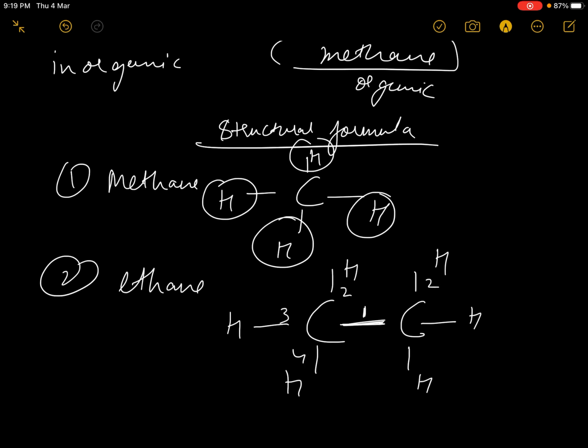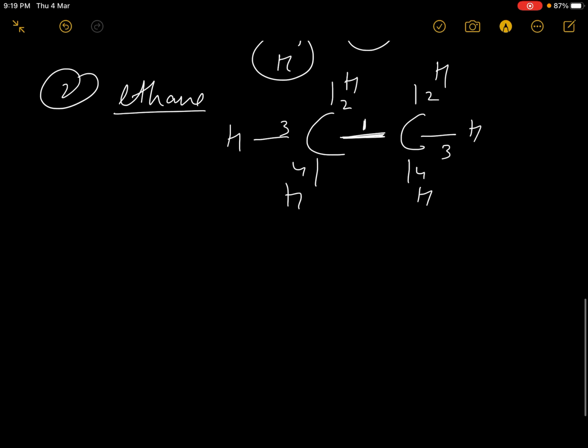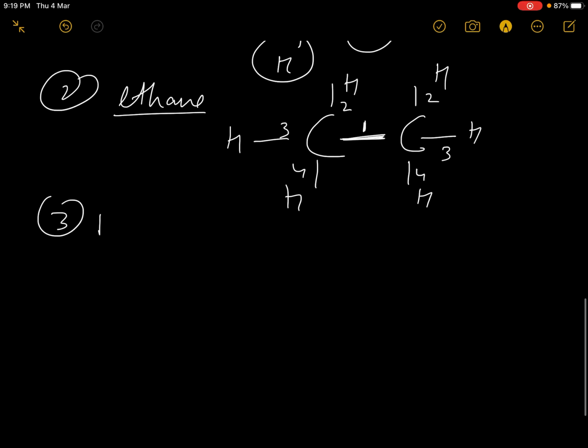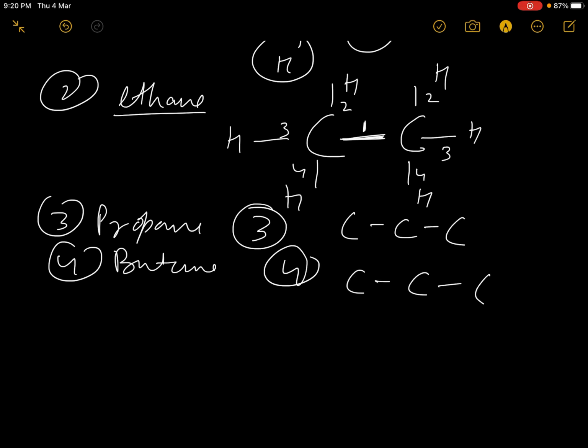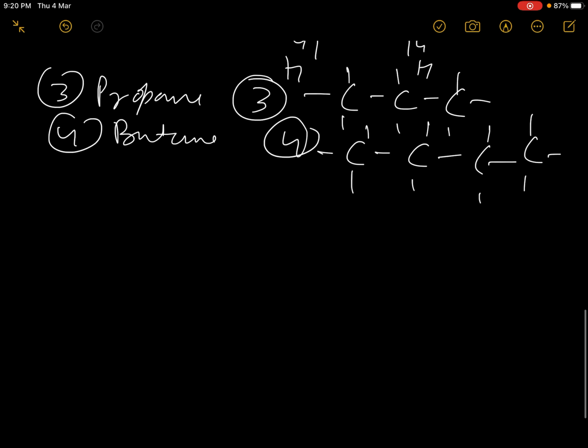Similarly, 1, 2, 3, 4 valency is satisfied, and this is called ethane. Similarly, propane has a 3 carbon chain, and butane has a 4 carbon chain, and here all the hydrogens will be filled, and these are the structural formulas.